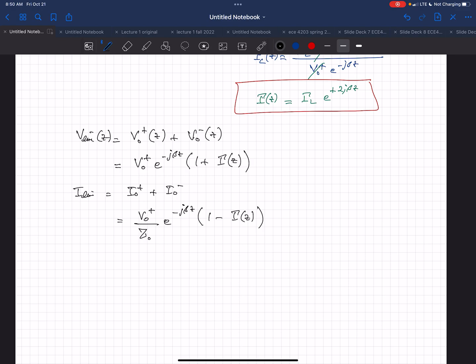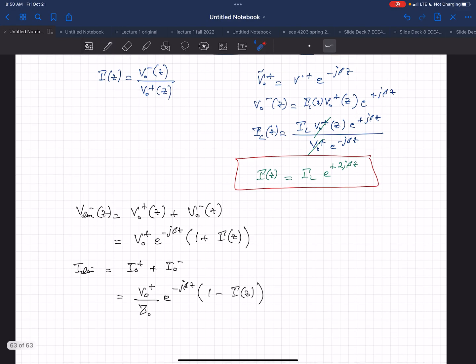Let me write this in another way also. So gamma of z is gamma sub L times this phase. If you think of just the absolute value of gamma sub z, the absolute value means we're getting rid of the imaginary part of it.